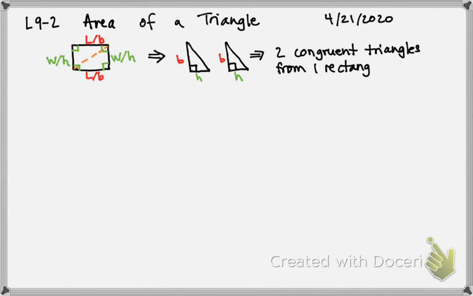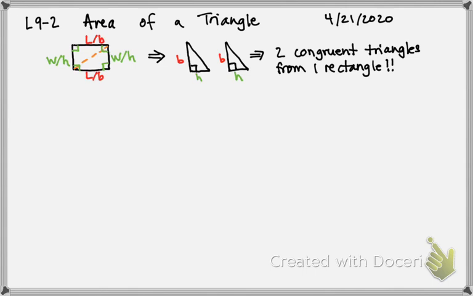And that's going to be the case anytime I go from point across it diagonally to another point. And we call those points vertices. We'll talk more about that down the line, okay? Oh, that's funny, I misspelled rectangle. So two congruent triangles from one rectangle, right?